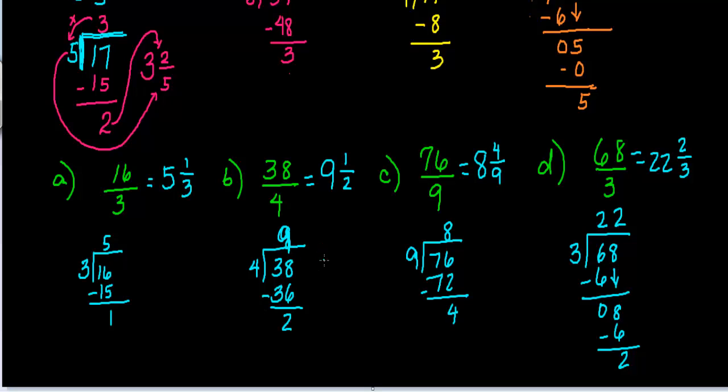So my answer would look like 9 2/4. But this fraction part here, I can reduce, and I can divide both the numerator and the denominator by 2. And that will give me 1/2. So the real answer would be 9 and 1/2 because I can reduce 2/4. That's why I wrote 9 and 1/2.